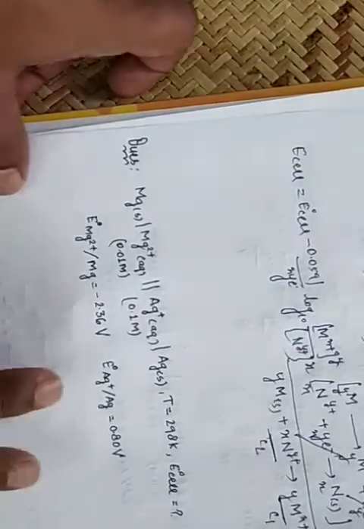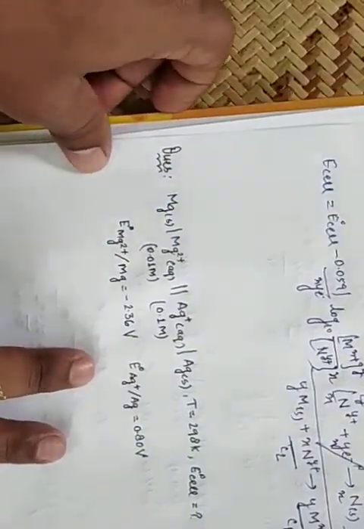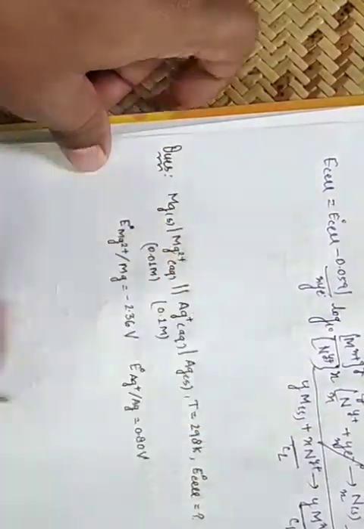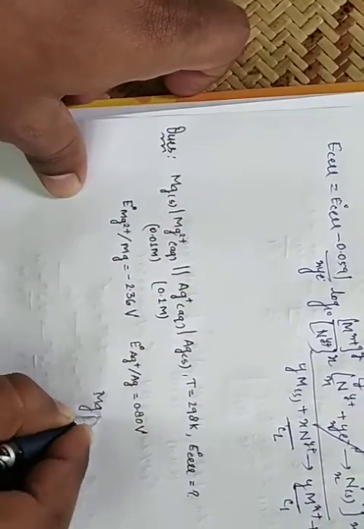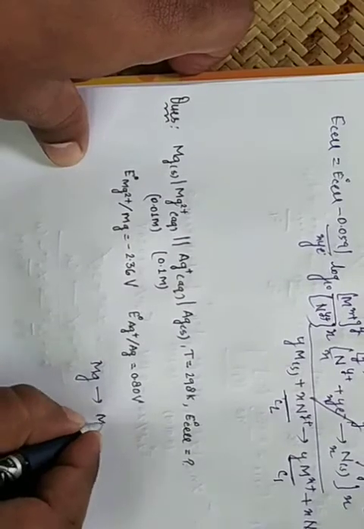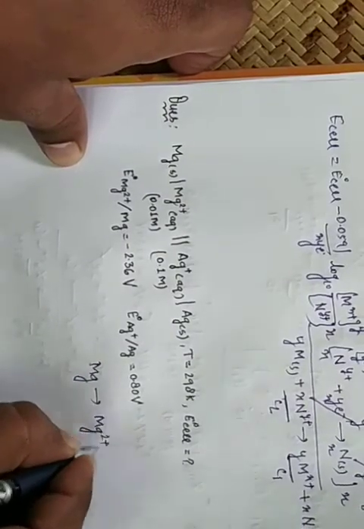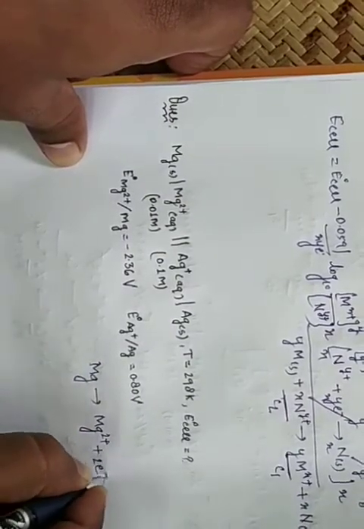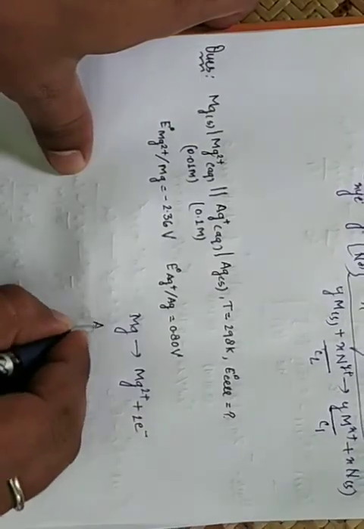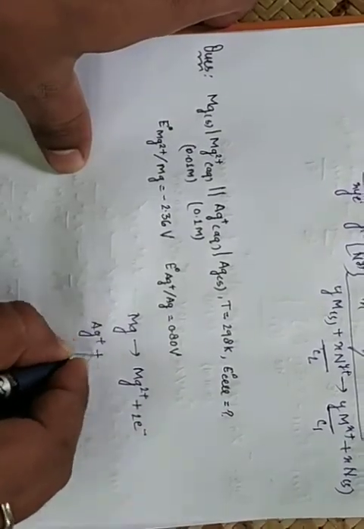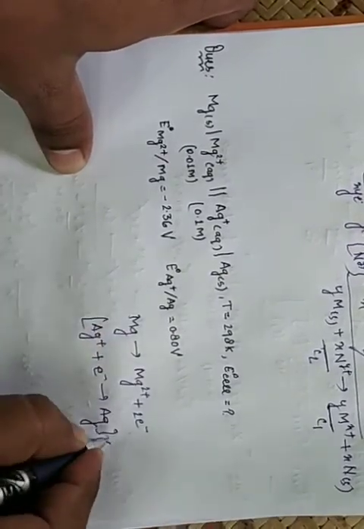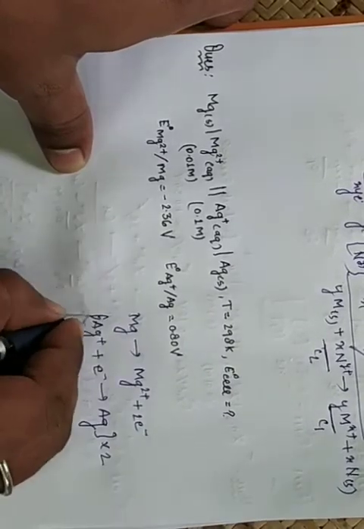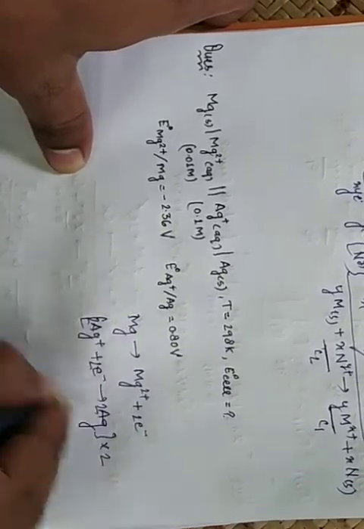So suppose you have this type of numerical, based on this. Just find Mg converted into Mg2+. There are 2 electrons, so it is oxidation, and Ag+ accepts only 1 electron and forms Ag. So you multiply this equation by 2: 2 Ag+, 2 electrons, 2 Ag.